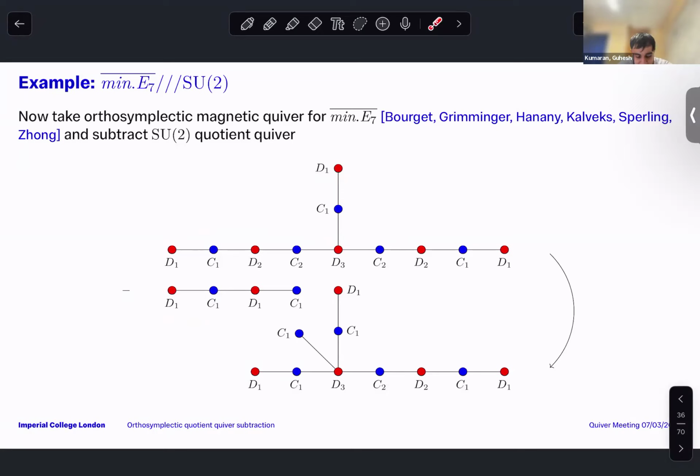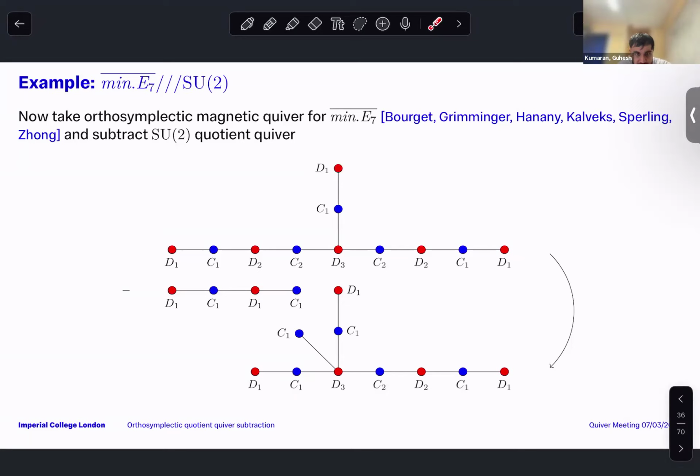Likewise, C1 minus C1. D2 minus D1 gives me a D1. And C2 minus C1 gives me a C1. Notice that I rebalanced my D3, which lost one flavor, with a C1.